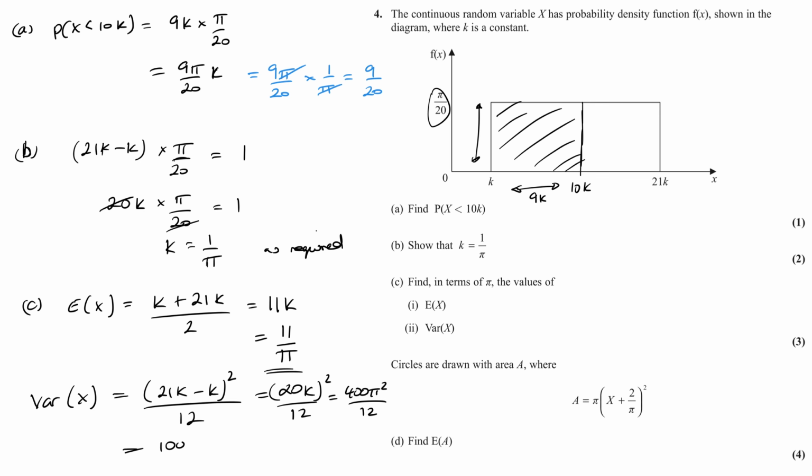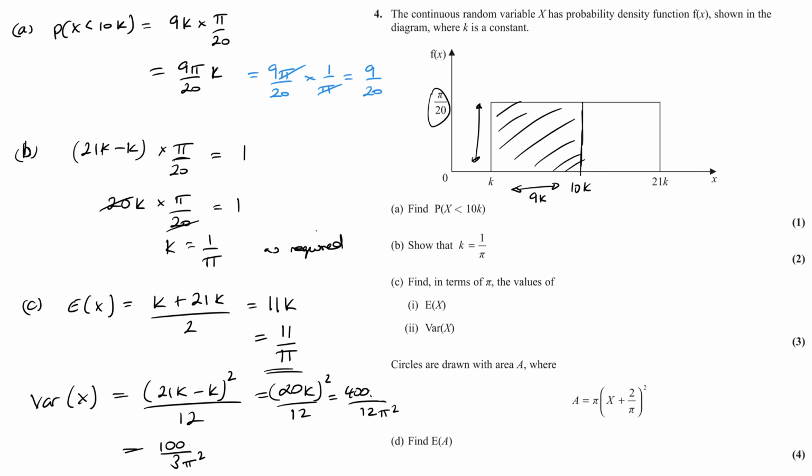Or dividing by 4 goes into it, so 100 over 3 pi squared. Hang on a minute, sorry, the pi was on the bottom, wasn't it? Because k is 1 over pi, so the pi is on the bottom, so just change that there.